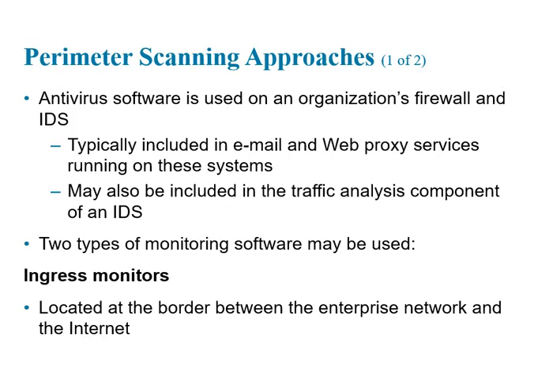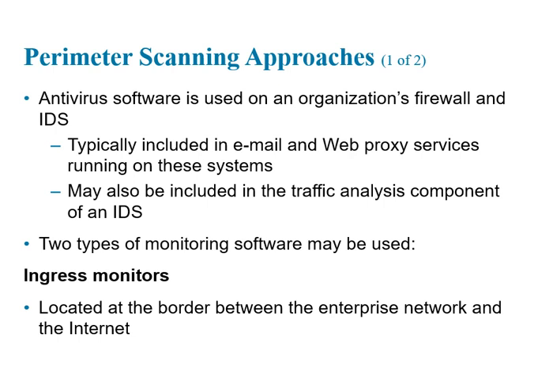Then we have the perimeter scanning approach, where antivirus software is used on the organization's firewall and IDS. So they integrate together. It typically includes email or web proxy services which run on these systems. It also includes the traffic analysis component of an IDS.